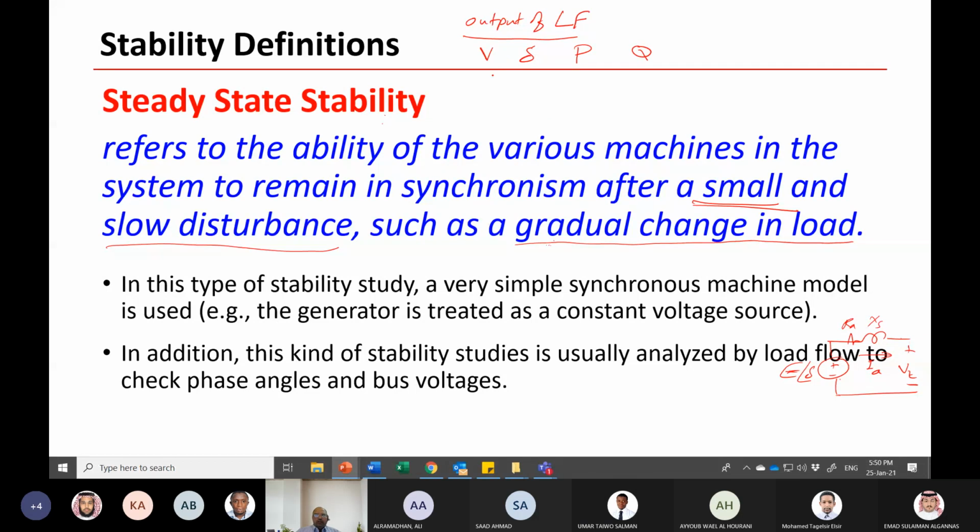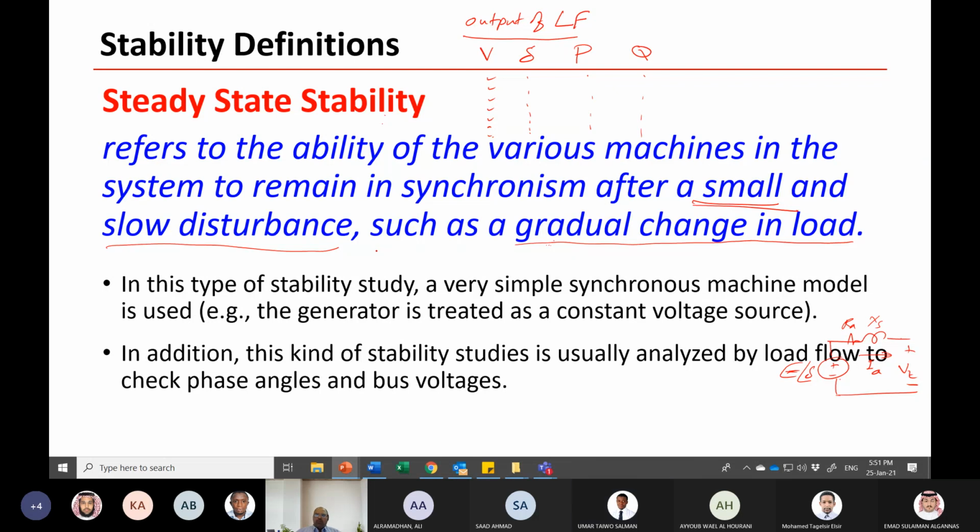Okay, well, if you have the voltages and the angles and whatever here, you can look at the load flow solution and evaluate whether the system is stable or not.